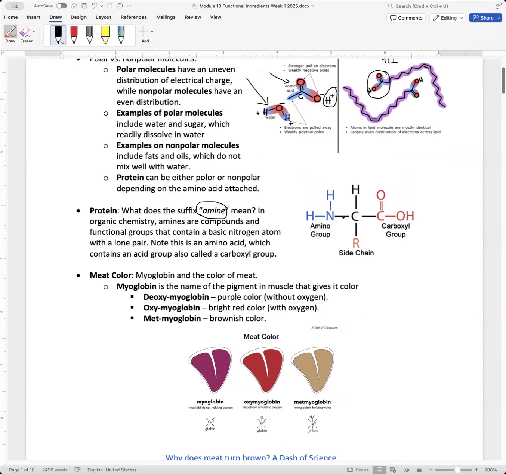This is the chemical structure for protein. It has a central carbon and it has nitrogen. When we talk about protein, we say protein is special because it contains nitrogen. And then it has an acid group on the other side. And this is like a choo-choo train with hooks on either end.